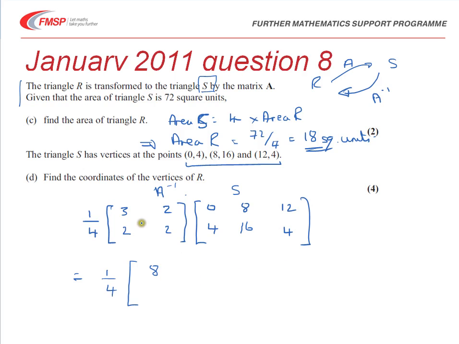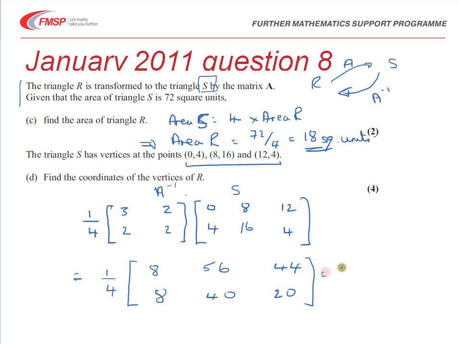So the second entry here, 3 multiplied by 8, and then 2 times 16 gives us 56, 44, and then taking the second row, we get 8, 40, and 20.